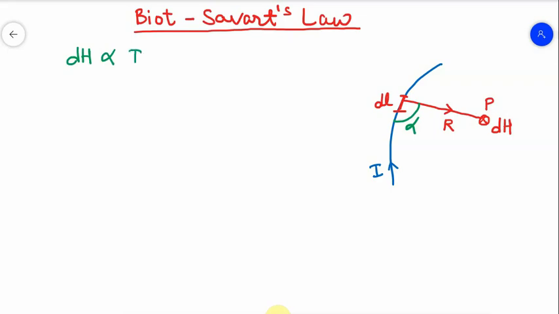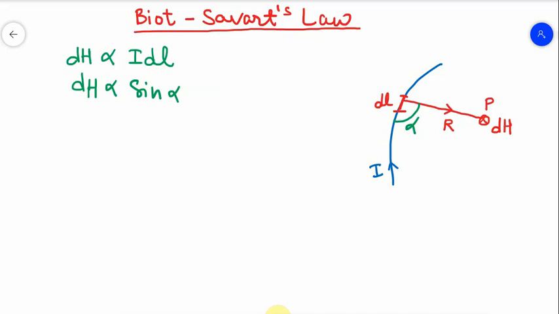It is proportional to the product IDL and the sine of the angle alpha. So dH is also proportional to the sine of this angle alpha, between the element and the line joining P to that element.